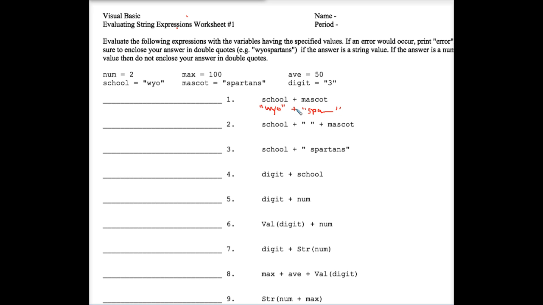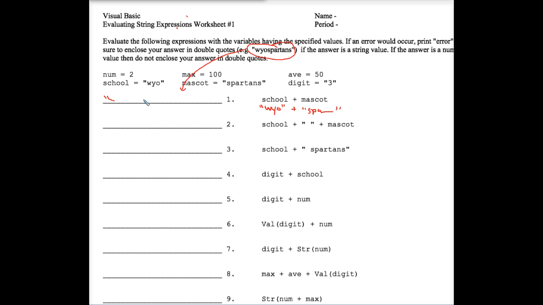Well, the plus is the concatenation operator, which means you glue the two strings together into one big string. So the answer is simply written as YO Spartans. And you see this right here? That's the answer to number 1. I, again, am having trouble with this mouse.